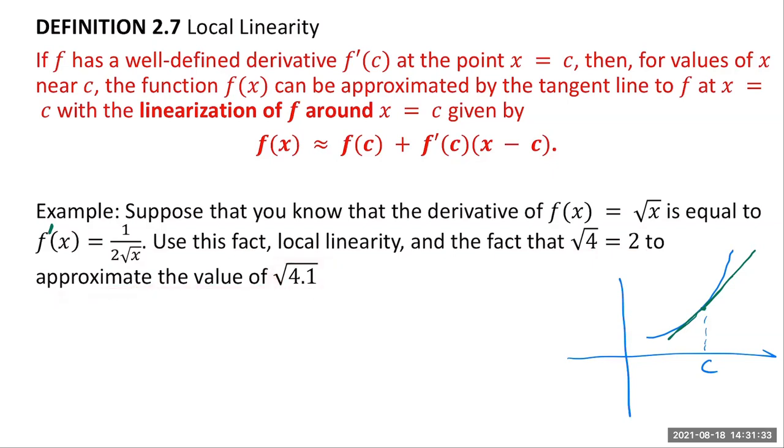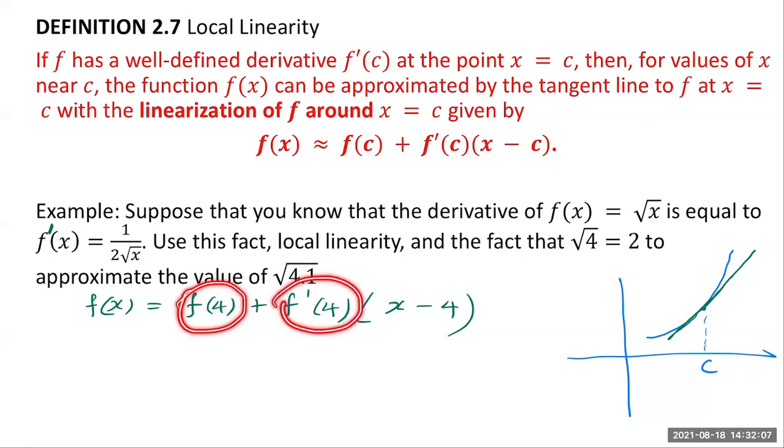So this is a straightforward application of this definition. In this case, notice that my value of c is 4. So I have this linearization: f of x is equal to f of 4 plus f prime of 4 times x minus 4. I can quickly find f of 4 and f prime of 4 by plugging x equals 4 into this function and this function respectively.